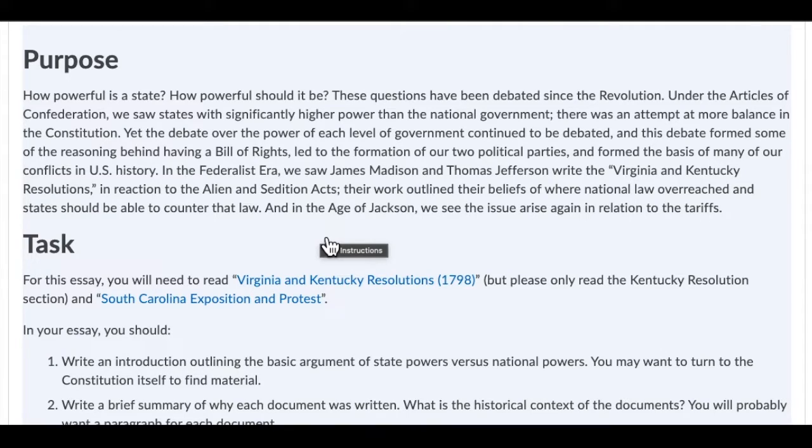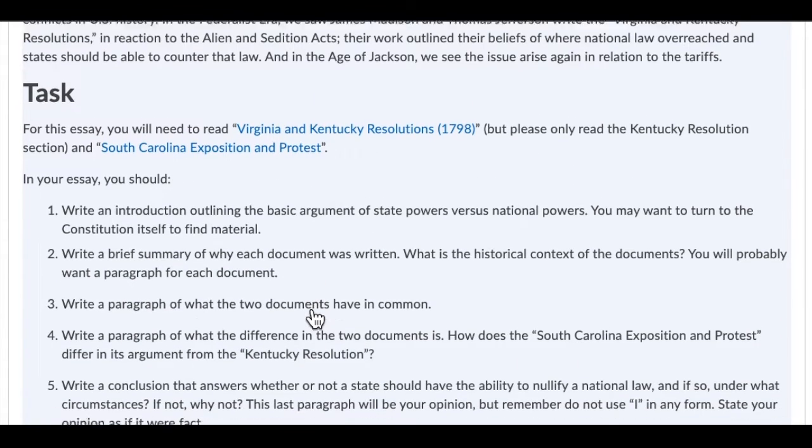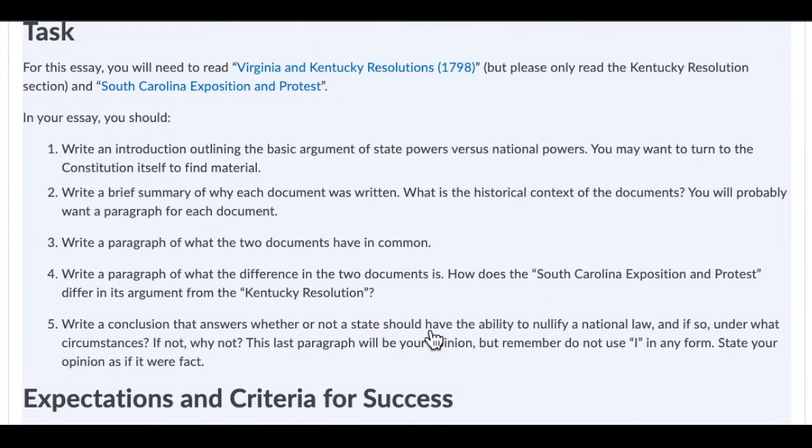But one of the things you're going to want to do in this assignment is talk about the differing historical context of each of these controversies, because they arose out of different historical contexts, and there were different concerns on the minds of the politicians who raised them. And so you do want to focus on context, as you'll see as we go over what you should do in the essay, and that's laid out right here.